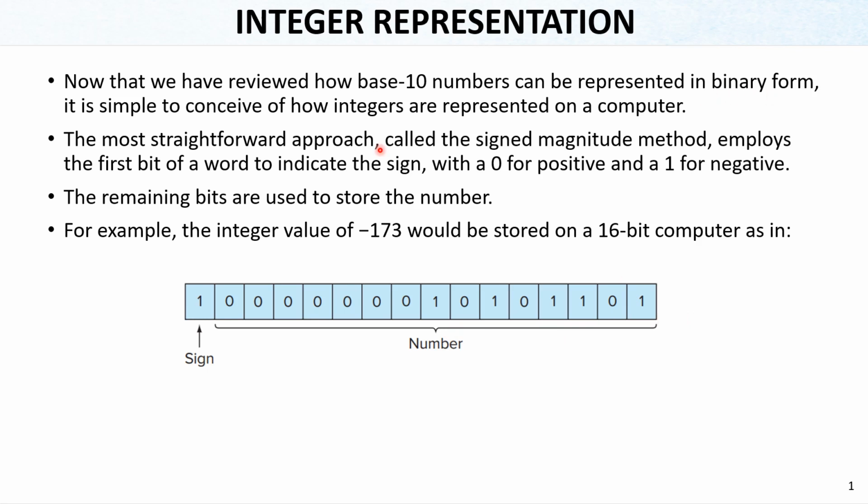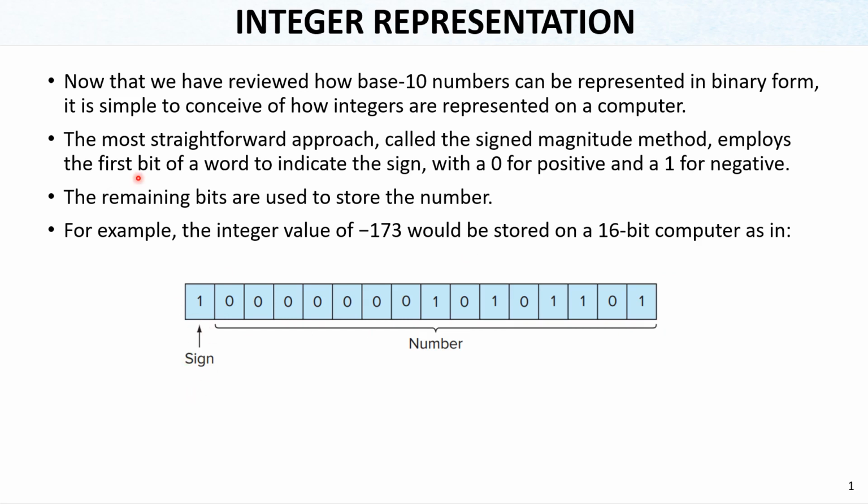Let's show how the integers can be represented on a computer with base 2 systems. The most straightforward approach is called the signed magnitude method. It is called that because we have a sign at the beginning. These are bits in the computer, and this is a word.